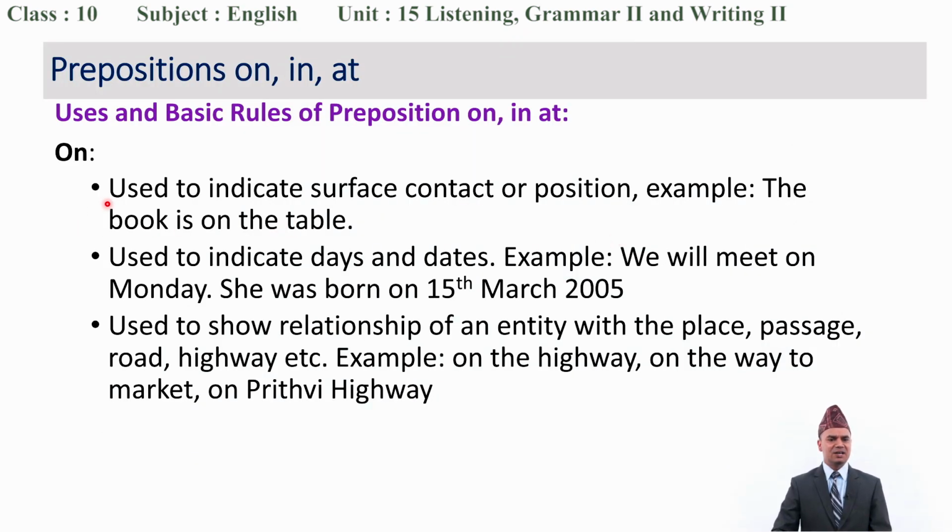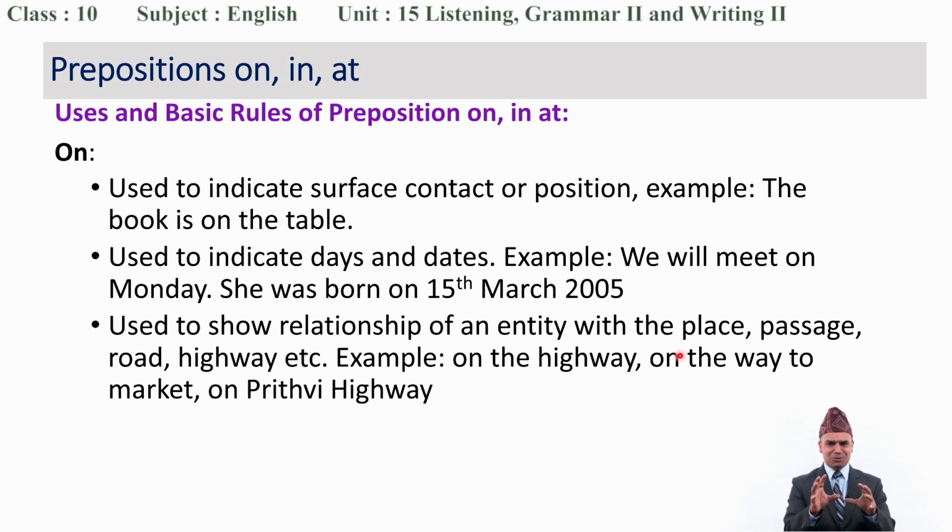You can see on for surface: we use it while keeping something on a surface. The book is on the table. Likewise, days and dates we just discussed: on Monday, on 15th March 2005. We also use on to show the relationship of an entity with a place, passage, road, highway, etc. For example, on the highway, on the way to market, on Prithvi Highway, like that.